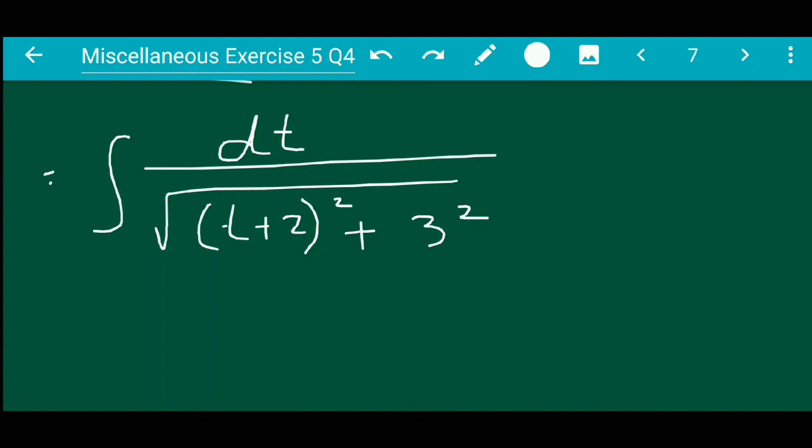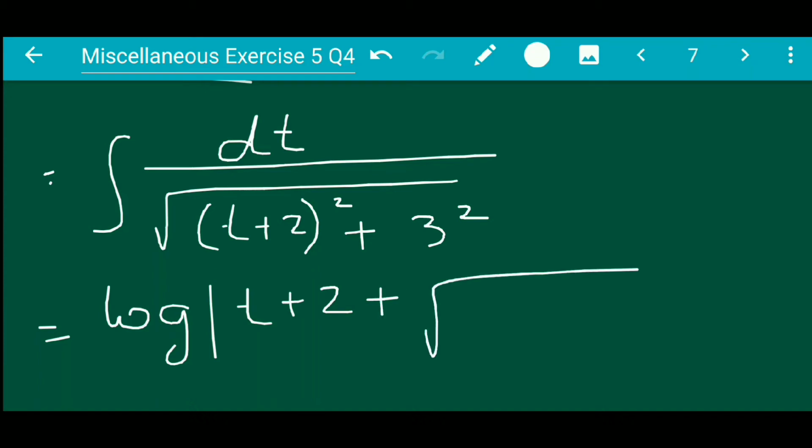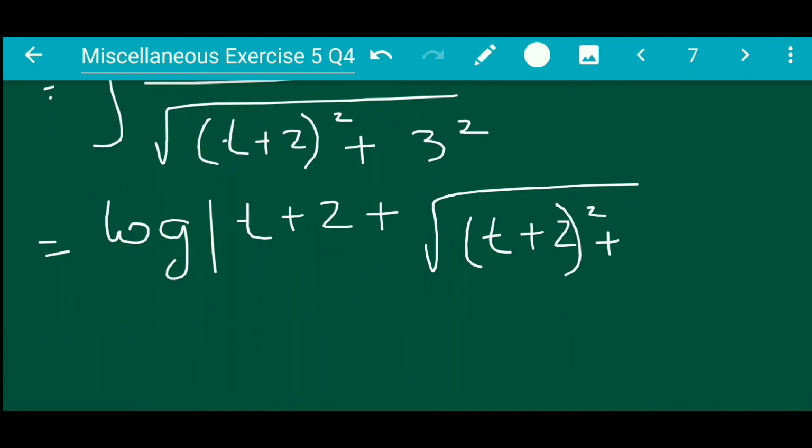So our answer will be log mod of x plus root of x square plus a square. Instead of x, it is t plus 2, so t plus 2 plus root of t plus 2 the whole square plus 3 square, since instead of a, it is 3.